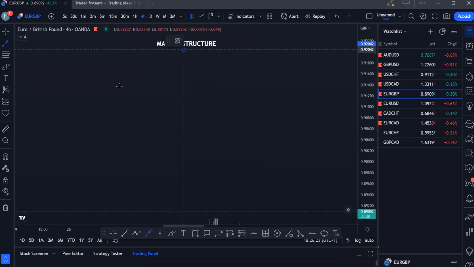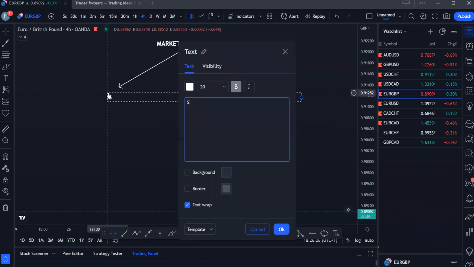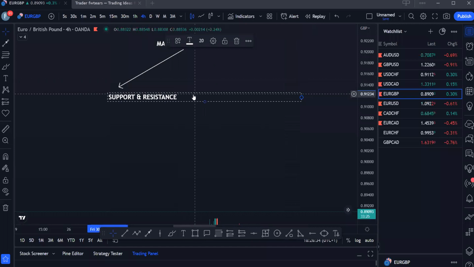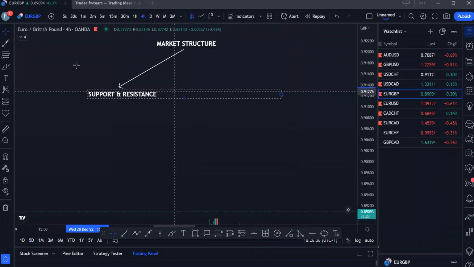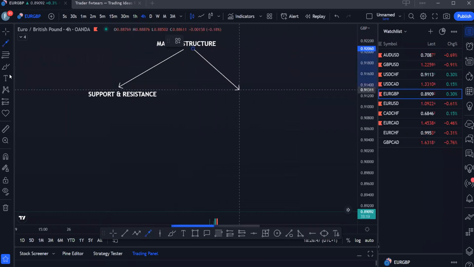The first aspect that we talked about yesterday was support and resistance. We learned that support and resistance are areas of reversals in the market, reversal zones in the market. And why are we learning how to use support and resistance? We are using historical data to predict what will happen in the future.